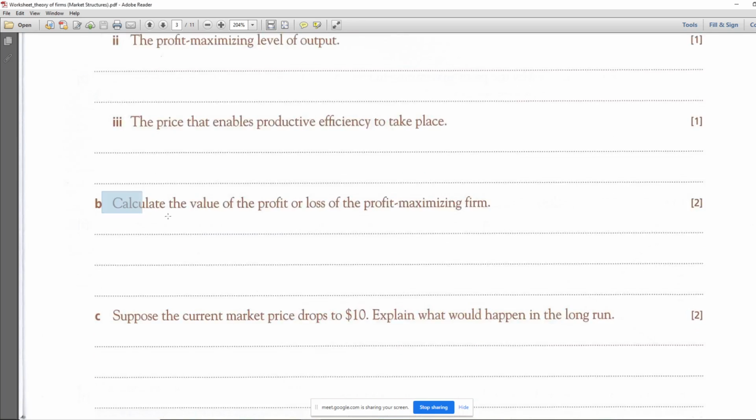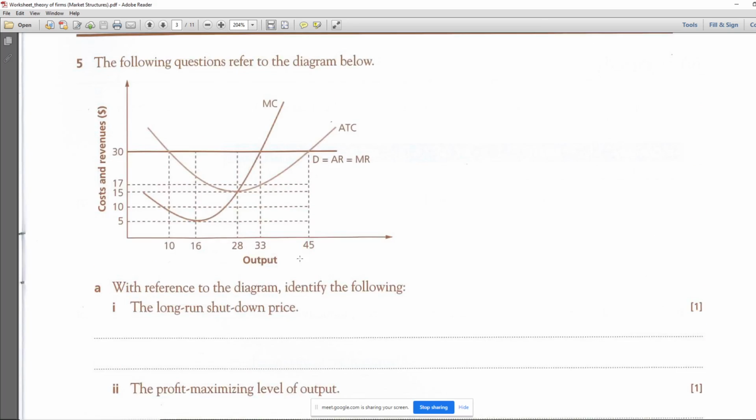B, calculate the value of the profit or loss of the profit maximizing firm. So calculate the total profit of this profit maximizing firm. Can you show me the equation? In this case, what is the total profit? 30 minus 17, so this is where you get the unit profit.